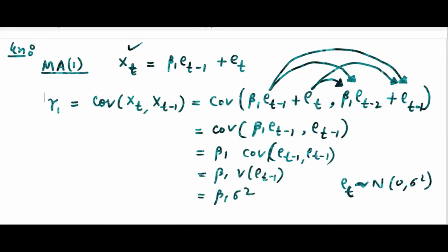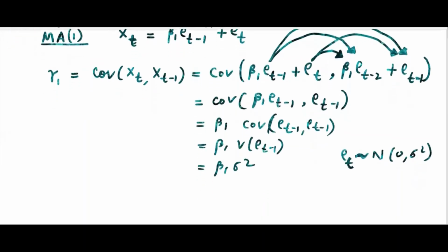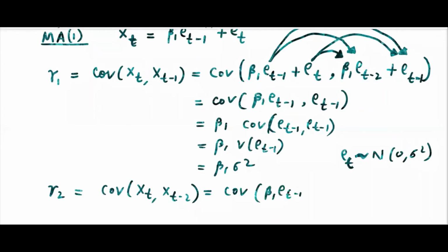If you replace it by 0, we will not try to find gamma 2, because if you find gamma 2 and write a similar formula, xt minus 2 in case of MA process, here MA1 process, when you write xt here, beta 1 et minus 1 plus et, and then you replace t by t minus 2, xt minus 2 you will get beta 1 et minus 3 plus et minus 2.